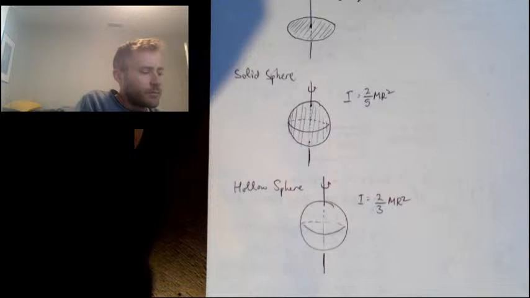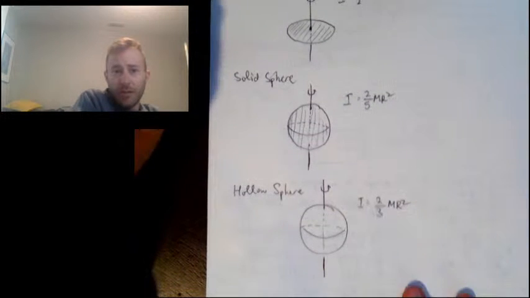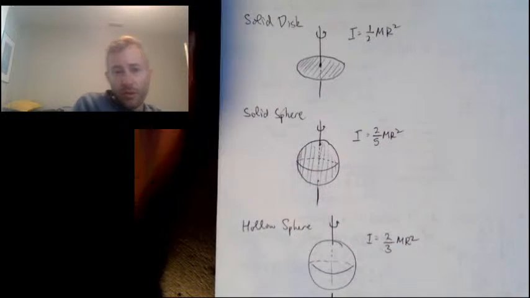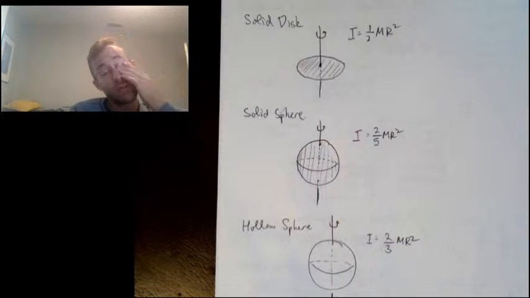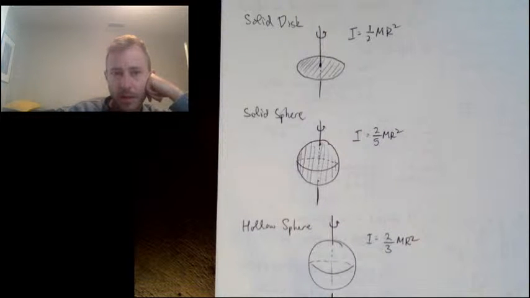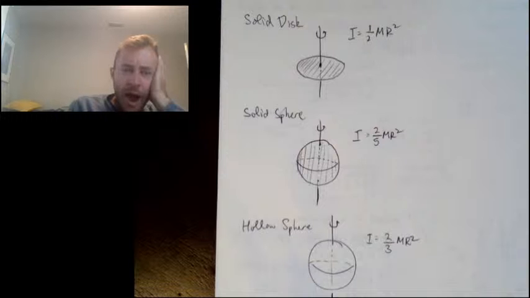I think those are the ones that I want you to have written down for now. You can look up rotational inertia on Wikipedia, and it'll give you the inertia for tons and tons of different shapes. But this is sufficient.